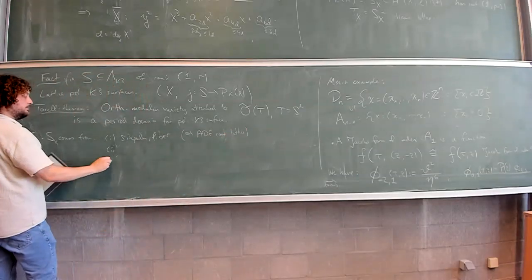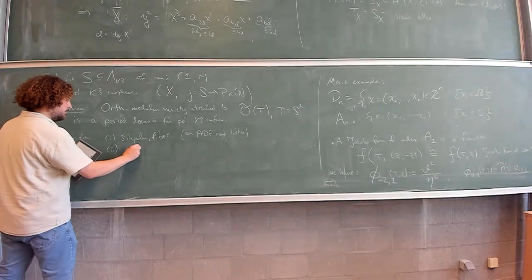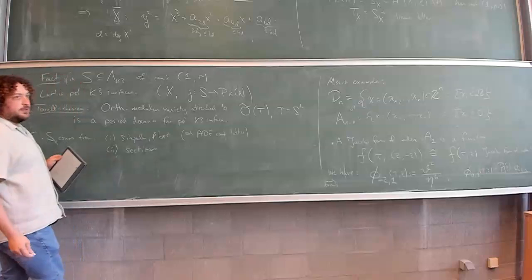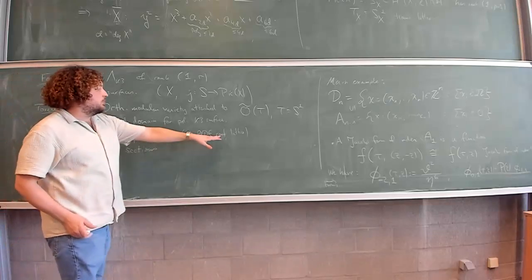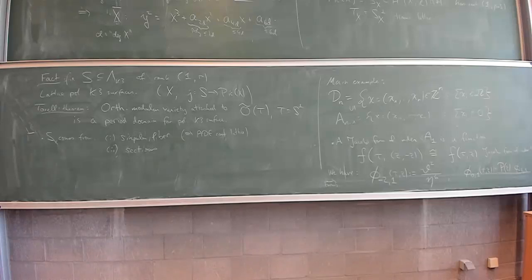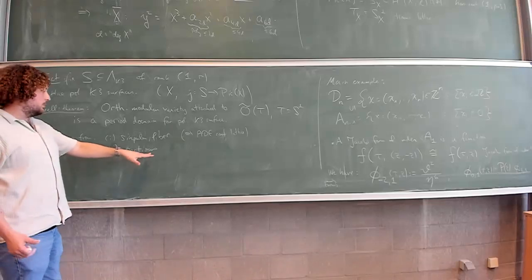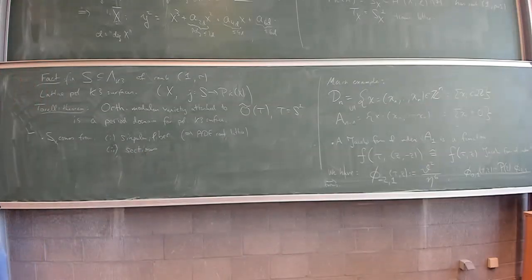And two, sections. So the singular fibers each contribute root lattices. They span what's called the trivial lattice in the Picard lattice, and it's a theorem of Shioda that the quotient by the trivial lattice is precisely the Mordell-Weil group of sections of the fibration.